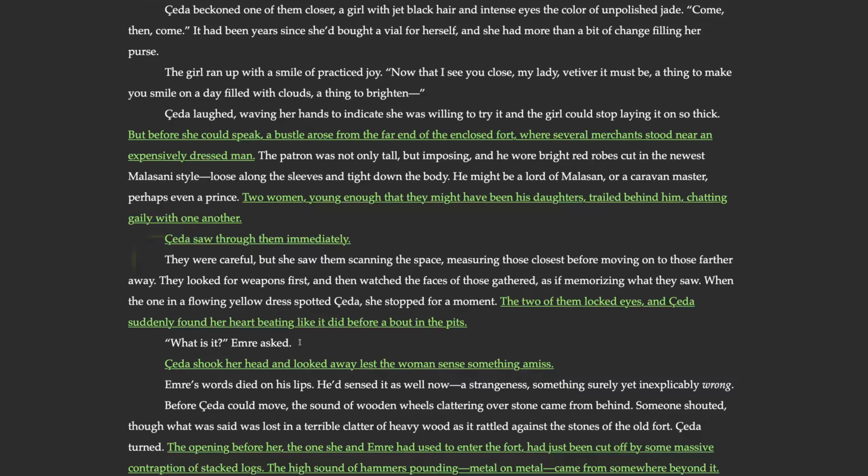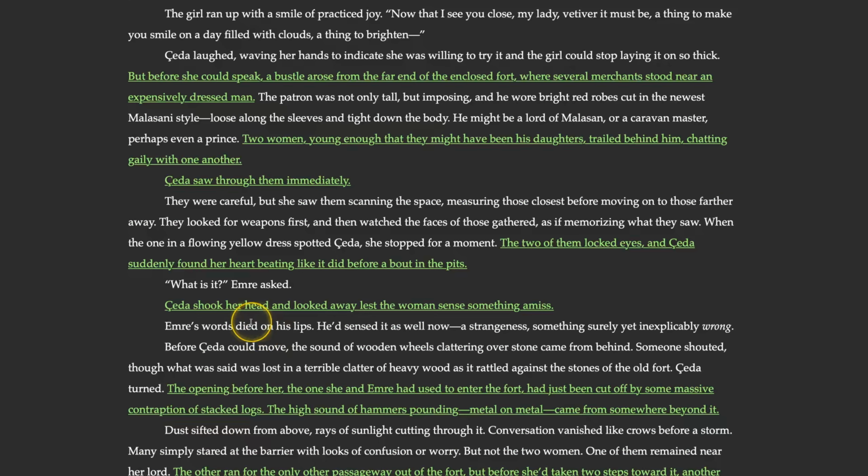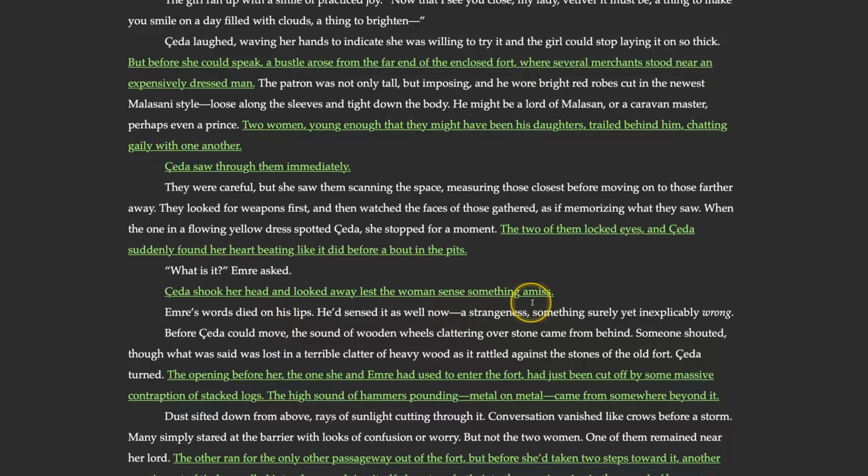There's so much subtext here that I don't have to go into a lot of detail about Cheta and Emery being friends. I assume that, and then I paint that as the chapters and scenes move on. Okay, so Emery says, "What is it?" And Cheta just shakes her head and looked away lest the woman sense something amiss. So Cheta's trying to hide that she kind of knows something is going on here.